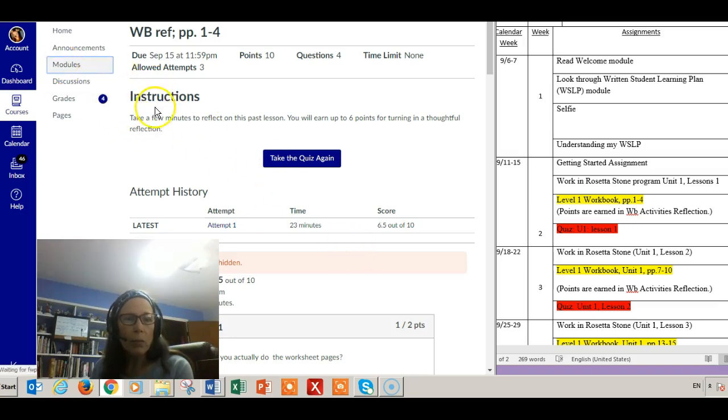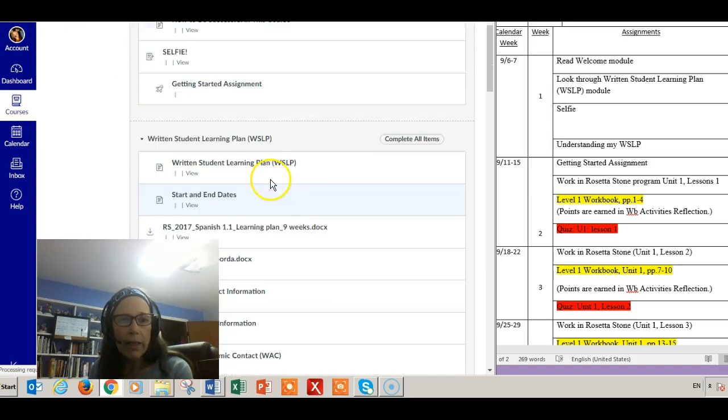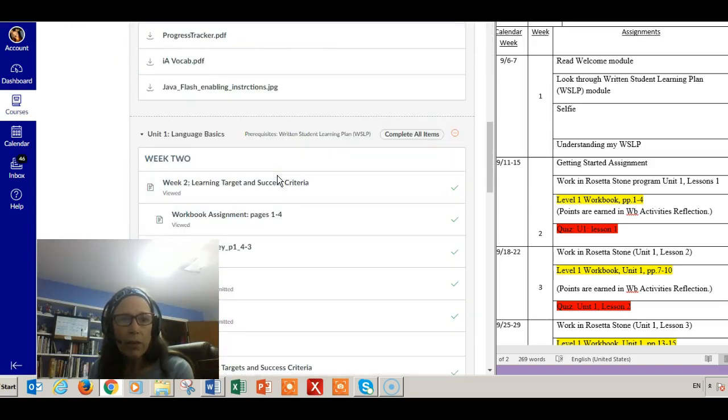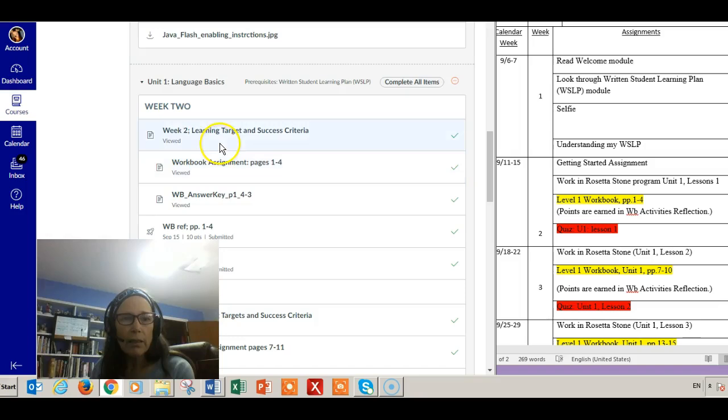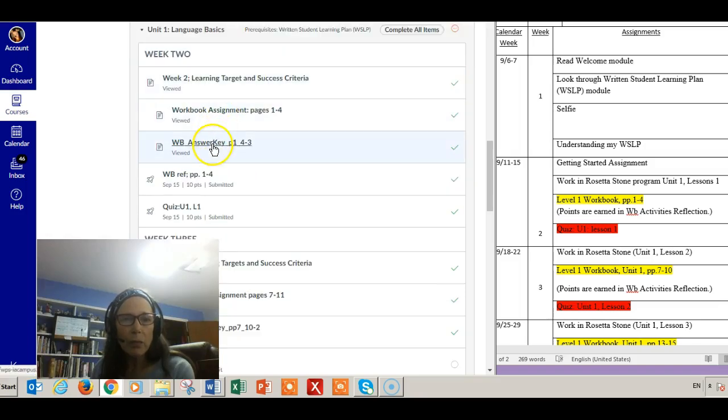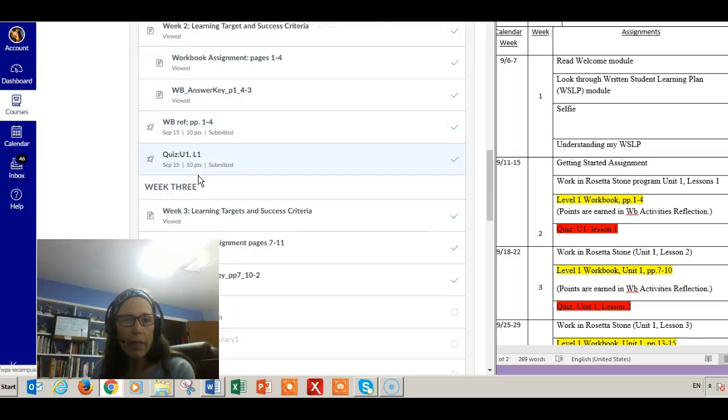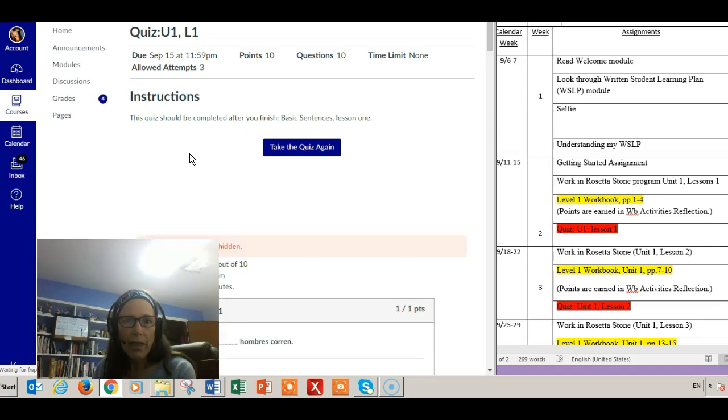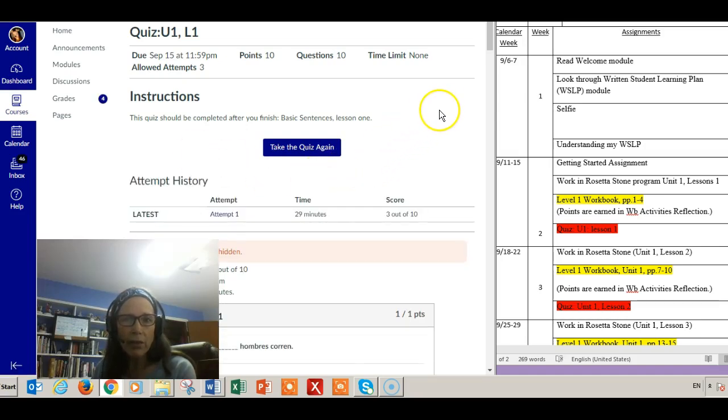I'm going to go back to modules, and so here we are. We've done the workbook pages, we've done the answer key, we've done the reflection, and now we're going to do quiz Unit 1, Level 1. Again, this student has already taken this quiz and they got 10 out of 10, so no need to take it again.